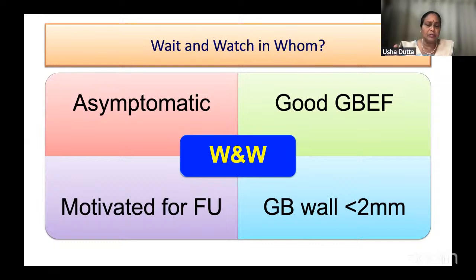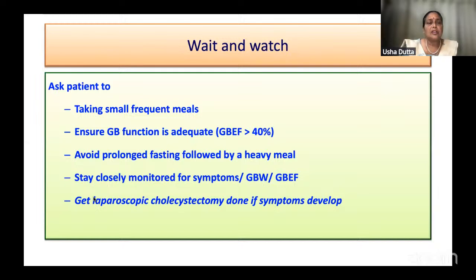So anything going more than that tells you that the gallbladder has started getting inflamed. So wait and watch. Meanwhile, ask them to take small frequent meals, ensure that the function is adequate, avoid prolonged fasting followed by a heavy meal. This is something which I tell my patients always, and stay closely monitored for gallbladder wall symptoms and ejection fraction, and get a lab chole if symptoms develop.